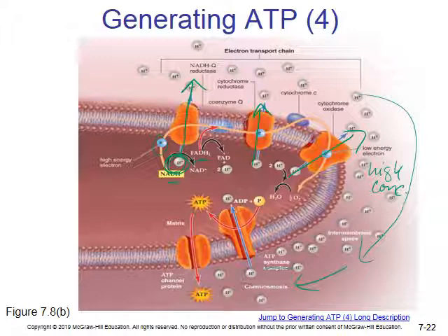The hydrogens are going to flow through this enzyme, and as they flow through, they kind of whip this enzyme around, and it generates energy. So as the hydrogens flow through, they generate energy, and then ADP plus P takes that energy and forms ATP. And then the ATP is shuttled outside of the inner membrane.